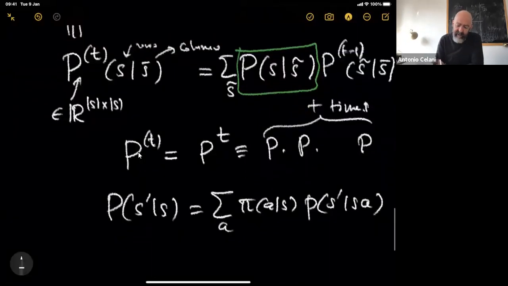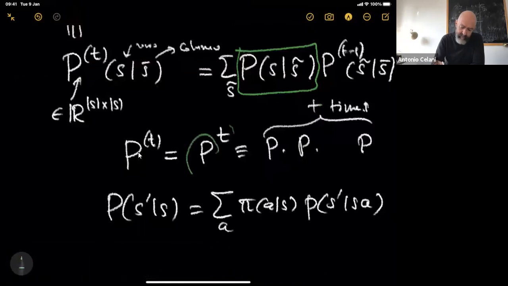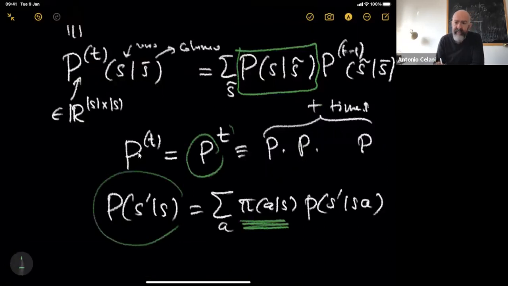So you must remember that all the times that this capital P matrix that we are dealing with, this green one, it's always the same object, and it depends on pi implicitly. Because when we have to take derivatives, we have to remember which things depend on pi and which don't.